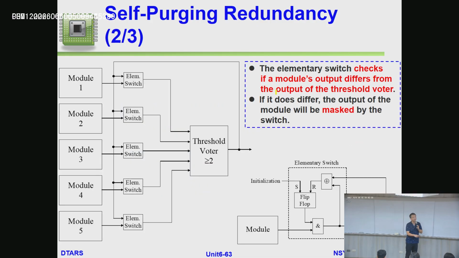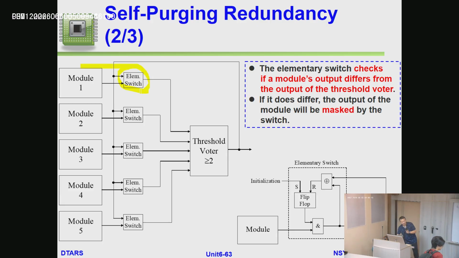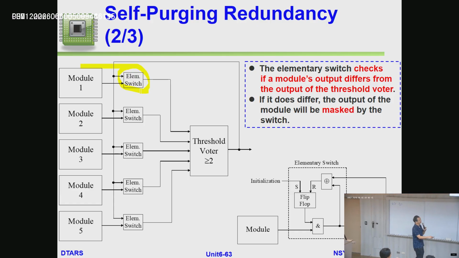Okay, this is the example of this architecture. Assume that we have 5 identical modules. This is our target module, and we create 4 additional identical modules. So here we have 5 identical modules, for example 5 identical adders. Pay attention to one specific component here, the elementary switch. You can see that we put an elementary switch to process the output of every module.